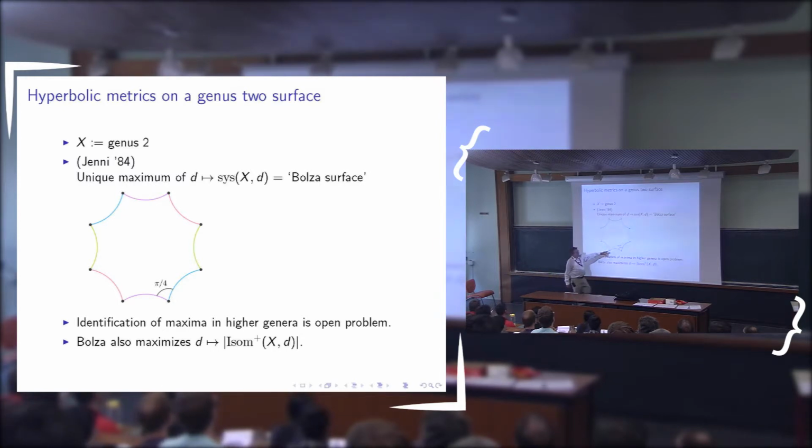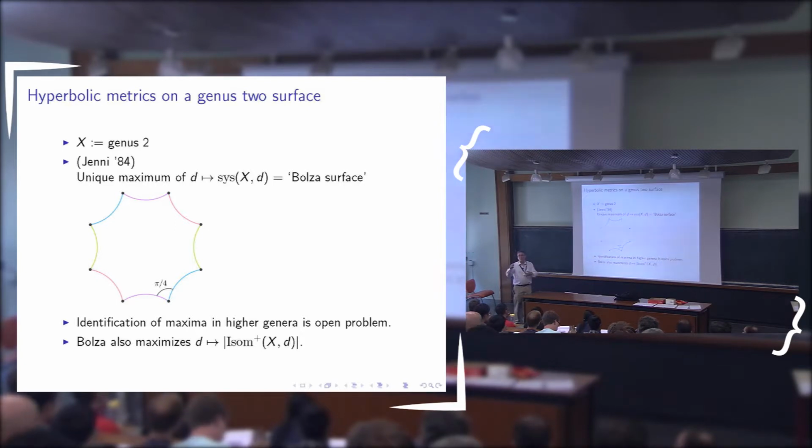This is a hyperbolic octagon. It's a regular hyperbolic octagon. I get to choose the angles at the vertices. I choose them all to be the same and equal to pi over 4. You identify opposite sides, and because of the pi over 4 condition, you get a smooth point after making the identification. So this is a smooth hyperbolic surface. And this guy has the unique maximum for the systole. It's the fattest of all the genus 2 surfaces.